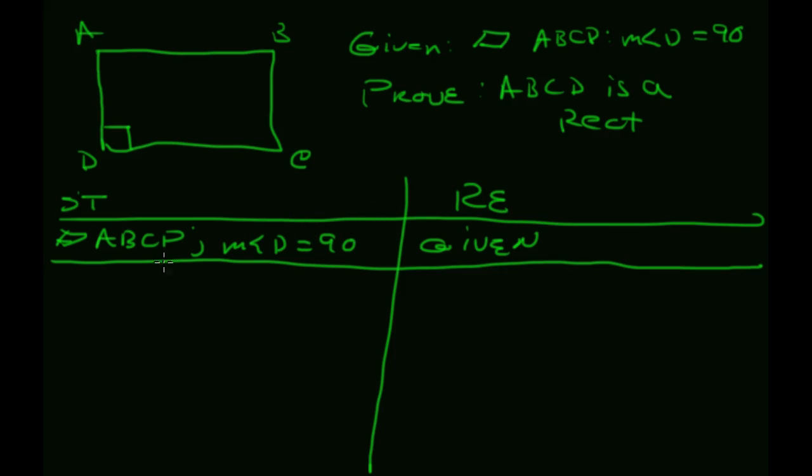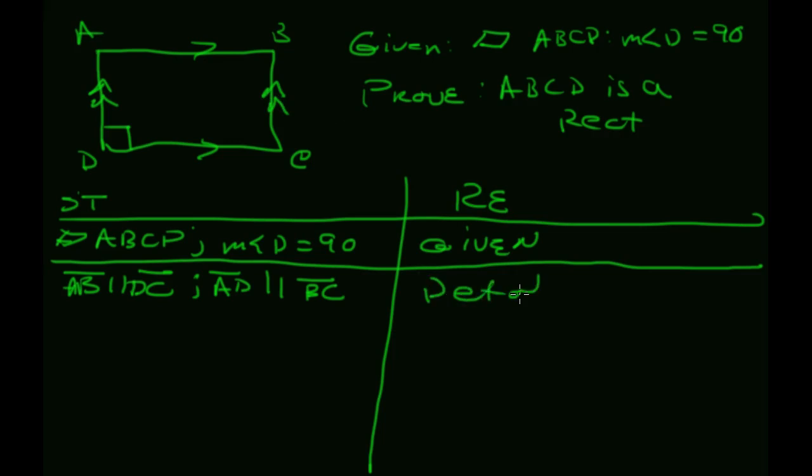Okay, well, we know some things here. We know that segment AB is parallel to segment DC, so these are parallel. And segment AD is parallel to segment BC, because that's the definition of a parallelogram.